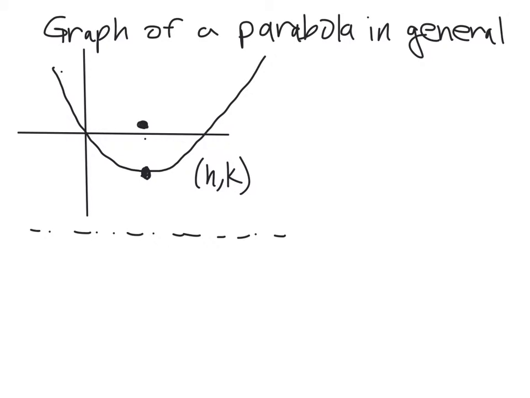Now let's take a look at how we can derive the equation for the parabola. First of all, just a general picture here, a general graph of the parabola. We have our vertex at (h, k), and the focus would be up here and the directrix down here. The vertex, by definition, is a point on the parabola.